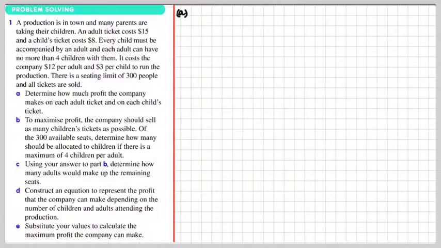That's D. Now we've got a problem. Oh, goodness. Problem solving. A production is in town and many parents are taking their children. An adult ticket costs $15 and a child's ticket costs $8. Every child must be accompanied by an adult, and each adult can have no more than 4 children with them.